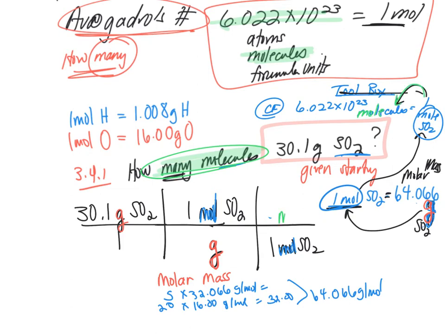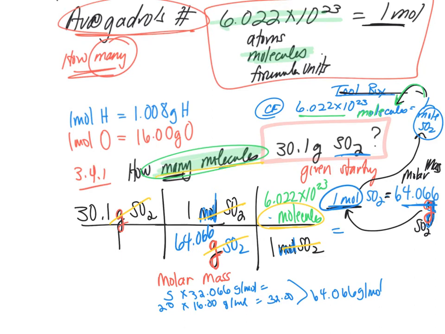Okay, so now we put molecules on top, and we have to do Avogadro's number, 6.022 times 10 to the 23rd, and then for this one, 64.066 grams of SO2 go there. And so now grams of SO2 divided by grams of SO2 cancel out. Moles of SO2 and mole of SO2 cancel out. And we're left with molecules, which is what the question asks.